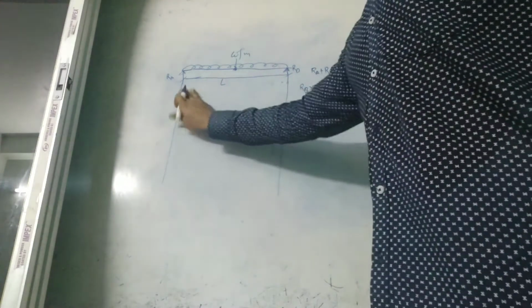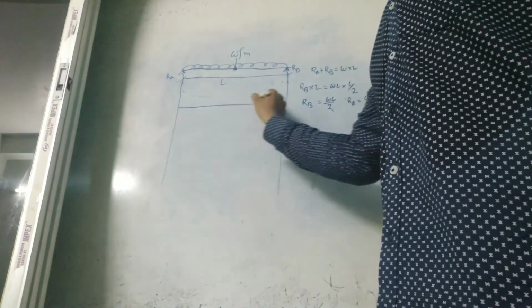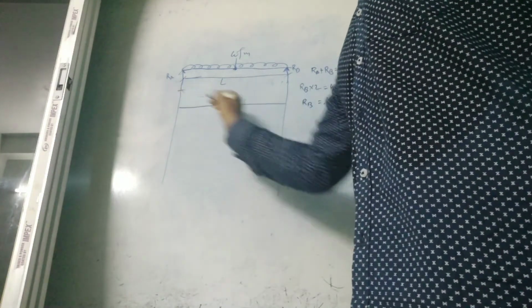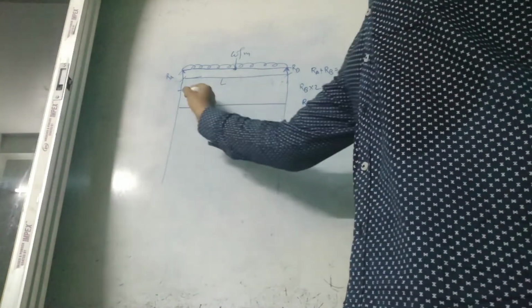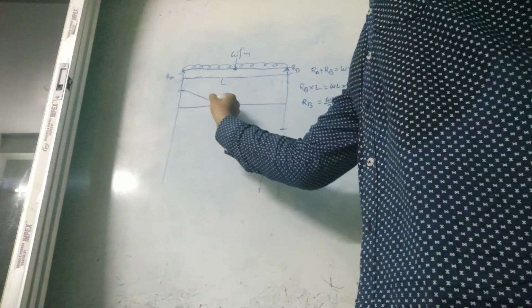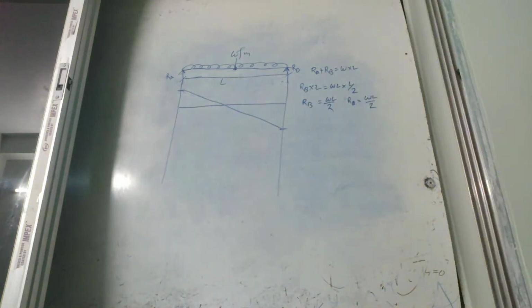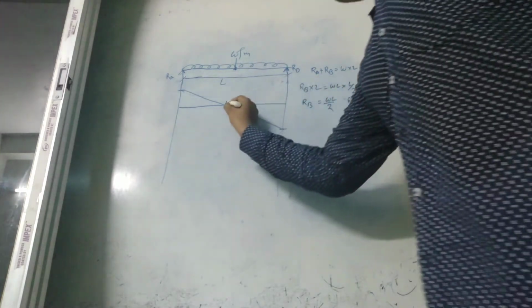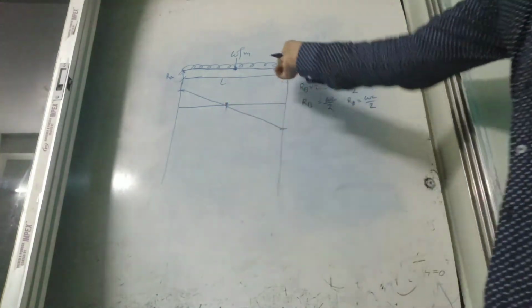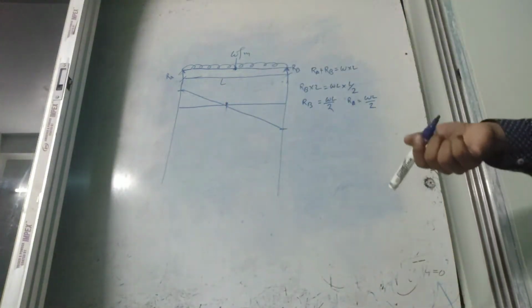So the shear force diagram is easily drawn: WL by 2 on one side and WL by 2 on the other, increasing or decreasing step to step, because of the UDL. This is the middle point, because the total portion is covered with UDL.